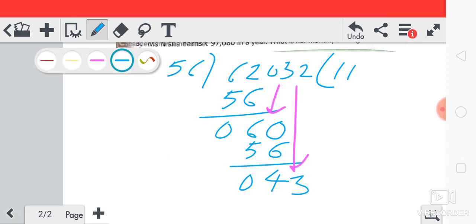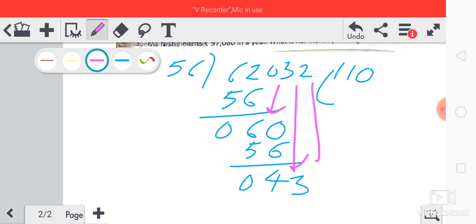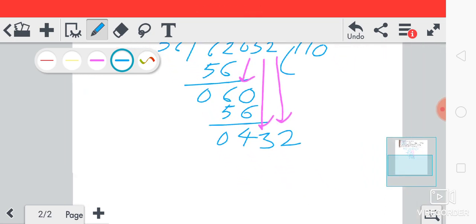So now we'll put here 0, and this 2 will come down. Okay, so it will become 432.